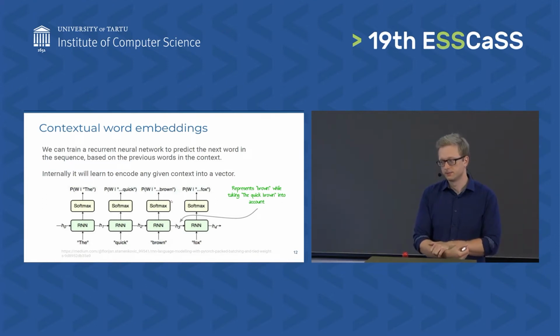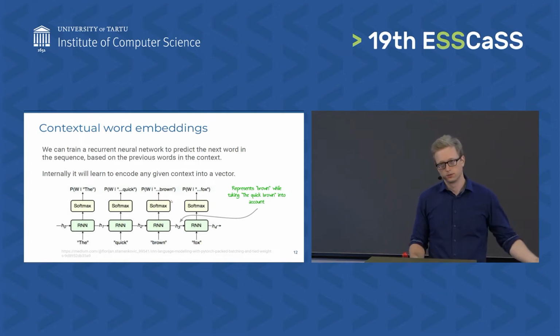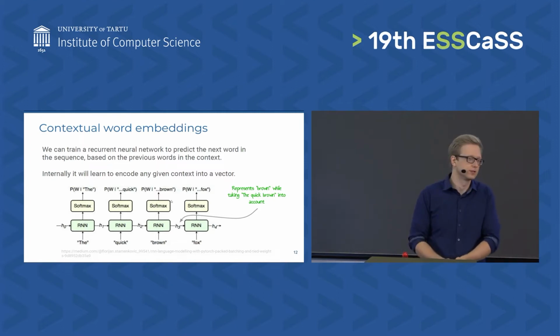And the idea is that prediction of the next word in the sentence is a difficult enough task that you can't just do it based on the previous word. You do have to look at the words that come before it as well. So in most cases, the model is forced to look at more context and encode at least some information in the vector.